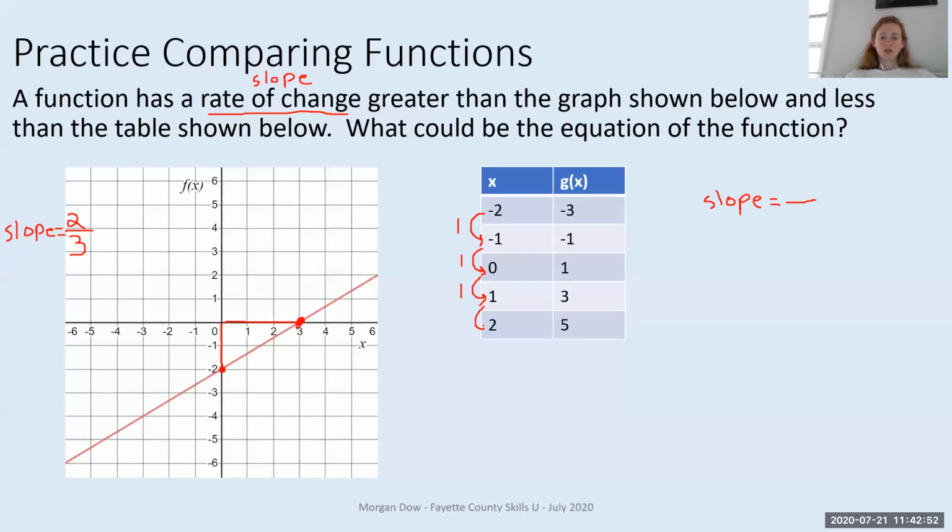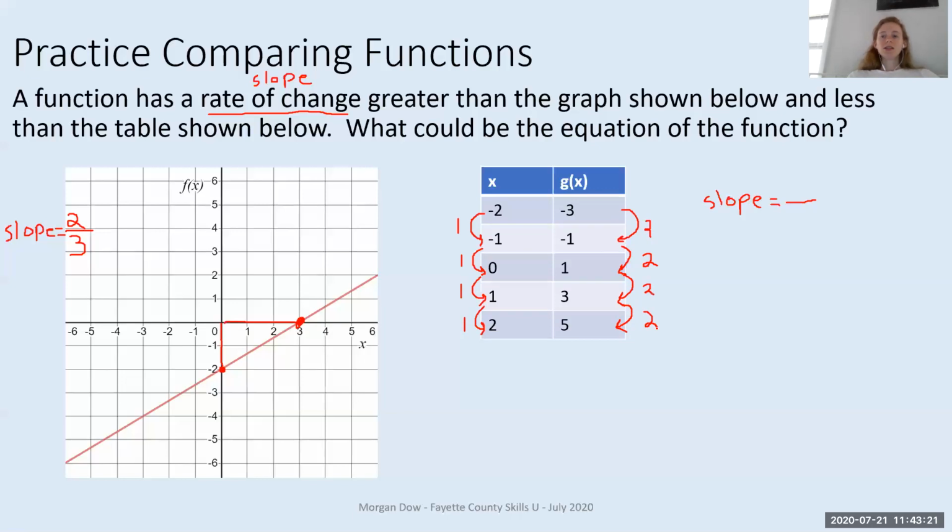Going from 1 to 2 is an increase of 1. Now let's take a look at the outputs here. So going from -3 to -1 is an increase of 2. Going from -1 to +1 is again an increase of 2. 1 to 3 is an increase of 2. And 3 to 5 is an increase of 2.